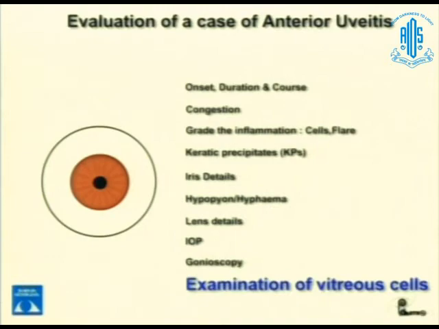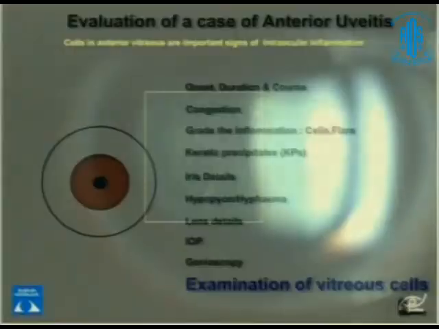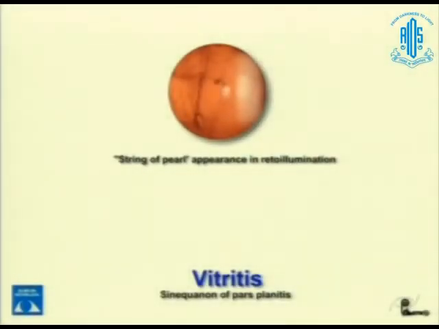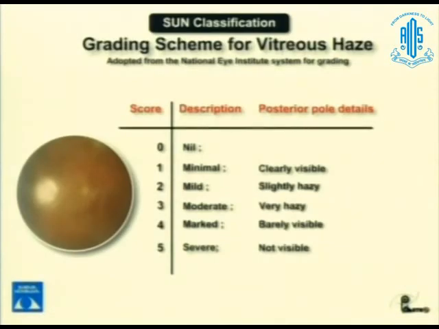So next important is the examination of the vitreous cell. Vitreous cell is a very important sign of intraocular inflammation. One should carefully examine the retrolental part. If you see a string of pearls appearance in retroillumination and vitritis, that is a very important feature of pars planitis or intermediate uveitis.